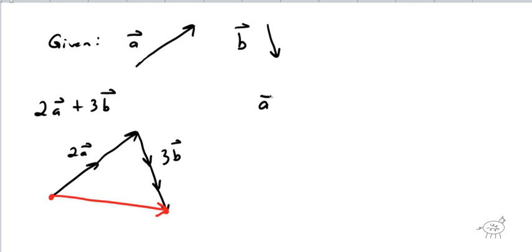Let's do another one here. How about A minus 2B? So again, what I'm going to do is I'm going to make, here's A, and it's minus 2B, so that means it goes the other way. So right now B is going down to the right. That means it's going to go opposite direction. So here, I'm going to draw it next to it.